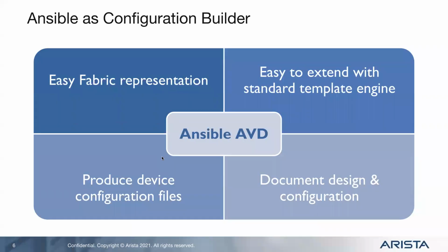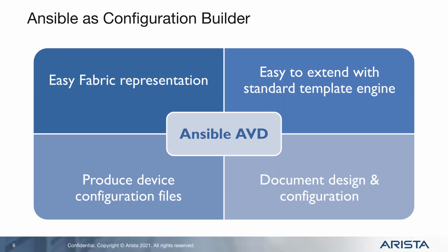When you talk about AVD versus just our Ansible collections, there's really a couple different things you have to understand. AVD is not just the modules we talked about yesterday that allow you to do operations against devices or CVP. AVD is an entire system and a methodology for how you define and think about your fabric.